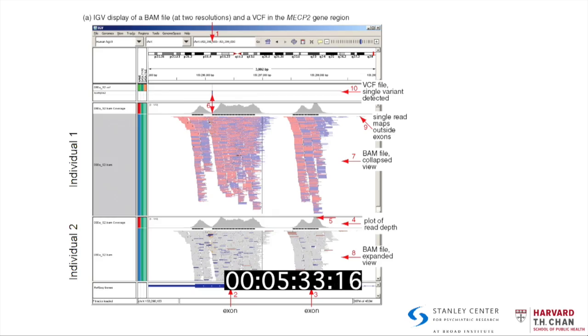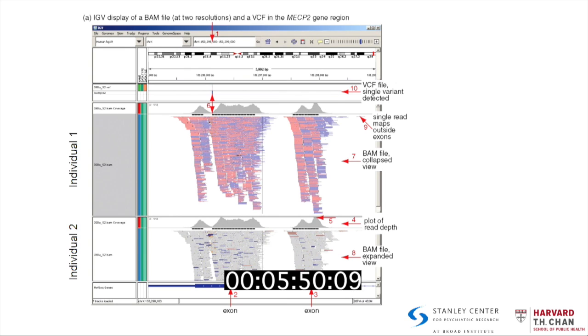Now I'm showing an IGV screenshot once again, this time for a collection of exome sequencing reads rather than whole genome sequencing reads. Once again, we have our chromosome at the top showing where exactly in the genome we're focusing in. We again have our coverage line showing how many reads are covering every particular base.